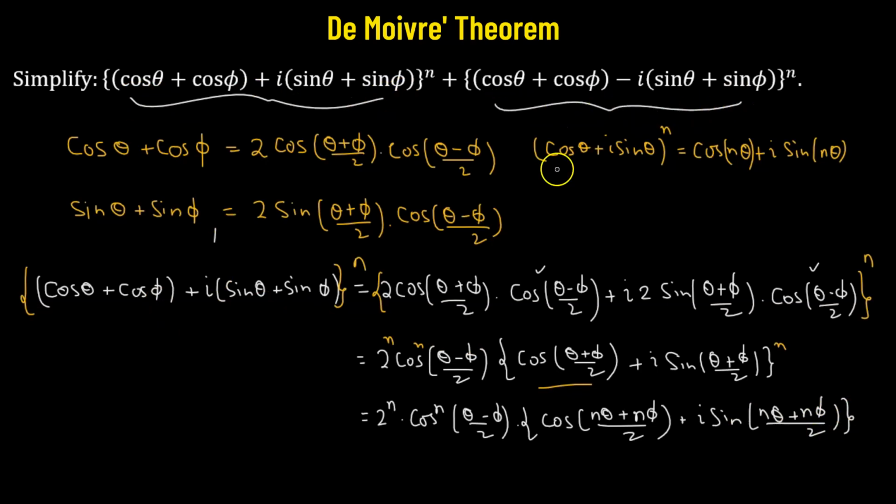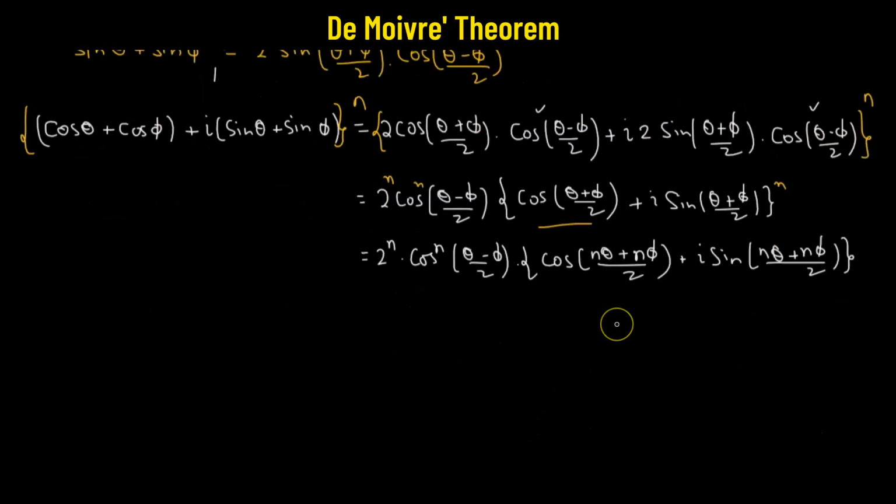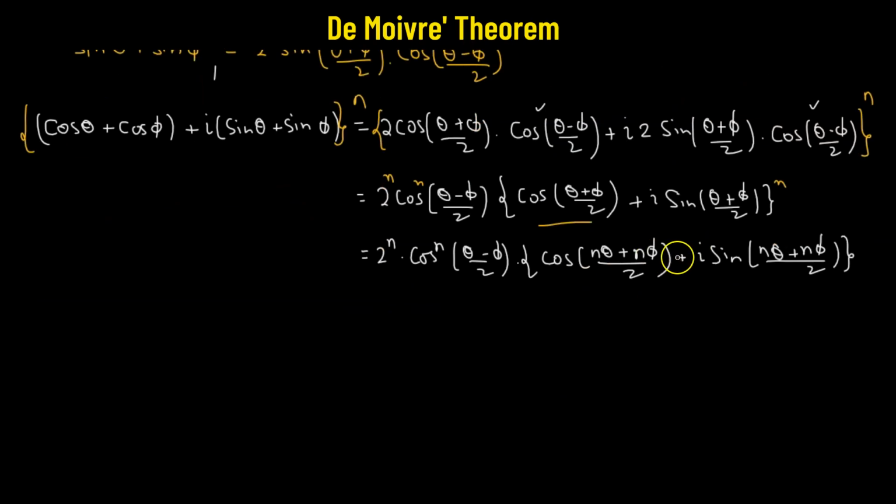Now when we do the second term, we'll get everything the same, except for the fact that in place of this positive sign, we are going to get a negative sign. So let's write it down as well. We have (cosine of theta plus cosine of phi, minus iota times sine of theta plus sine of phi) whole raised to the power of n.